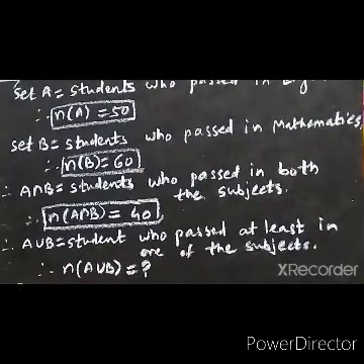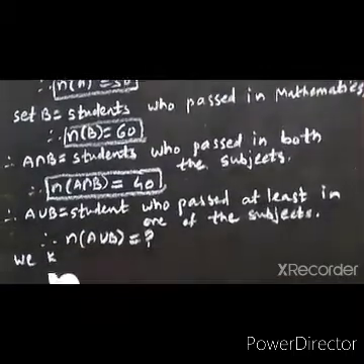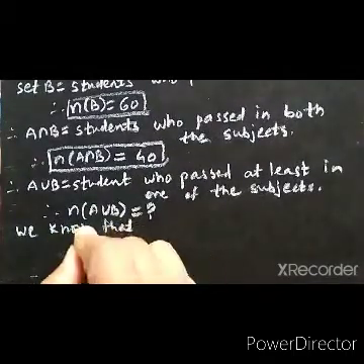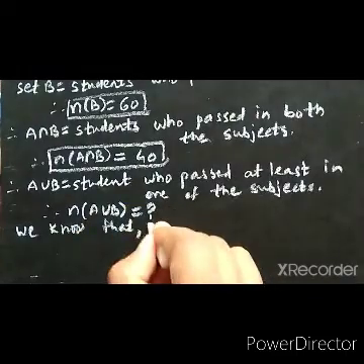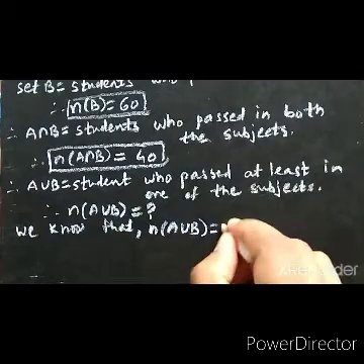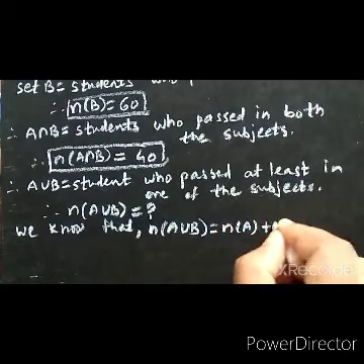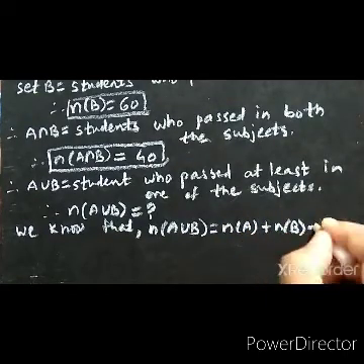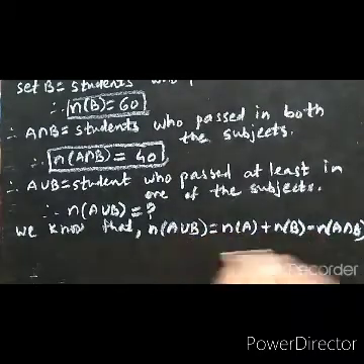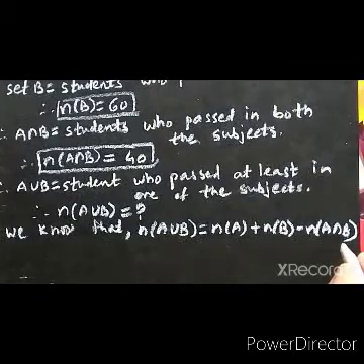But we know that N of A union B is equal to N of A plus N of B minus N of A intersection B. Now we have to put the values.